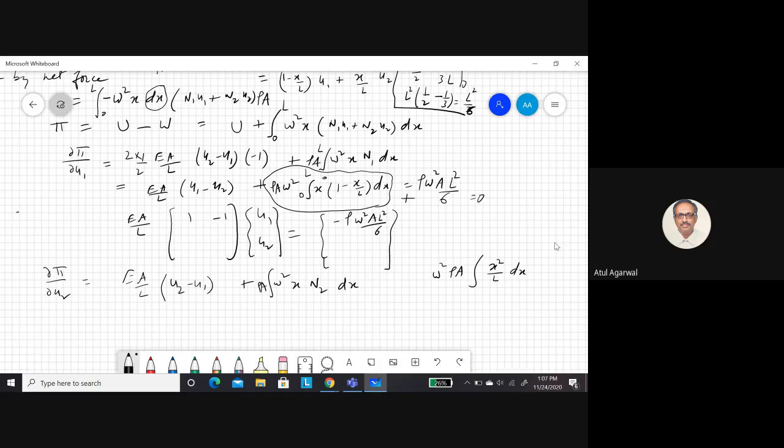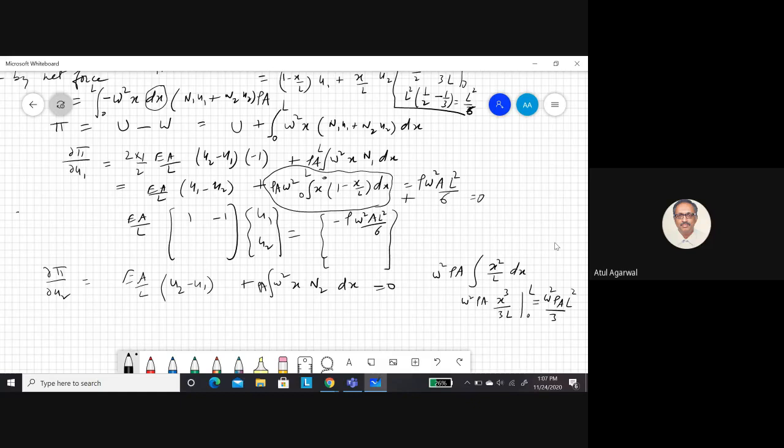So this integral is omega square rho A x cube upon 3L, 0 to L. So what do you get? Omega square rho A, x equal to L, L square by 3. So this should be equal to 0.